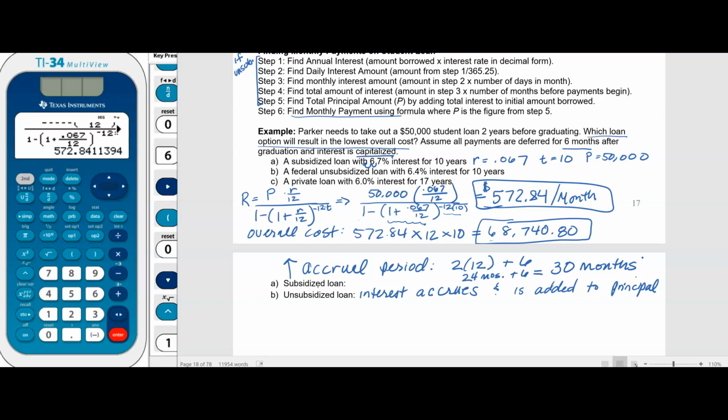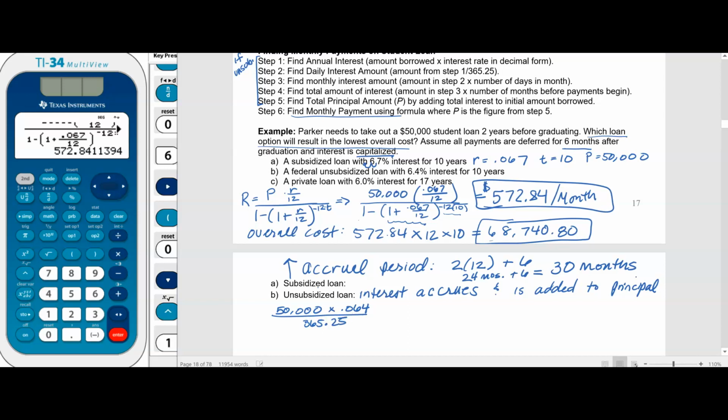So in step one, find the annual interest, which is the amount borrowed times the interest rate. So I'm just going to write down here $50,000 times 0.064, and then step two, find the daily amount by dividing it by 365.25.